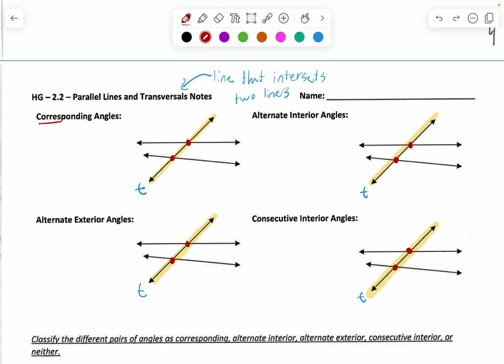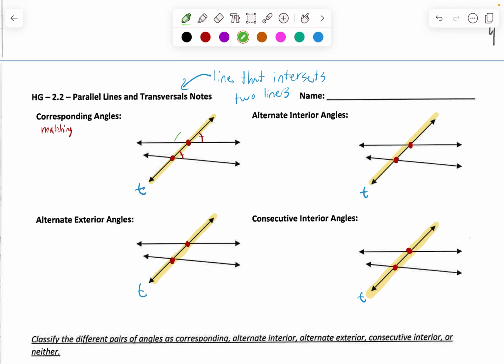What we're going to do is name the type of angles that are at these intersections in relation to each other. So the first example is our corresponding angles. Corresponding means matching. They are in the same upper right-hand corner. You have many corresponding angles.